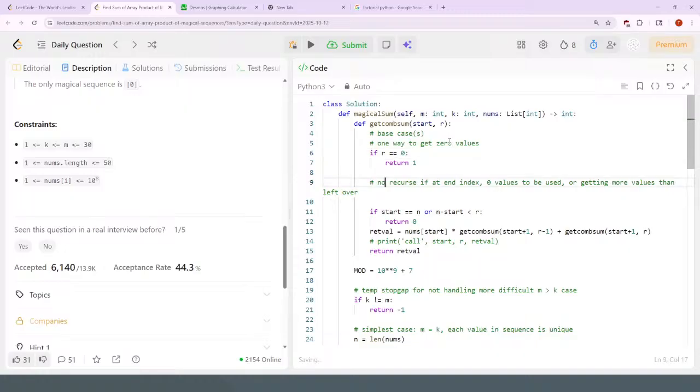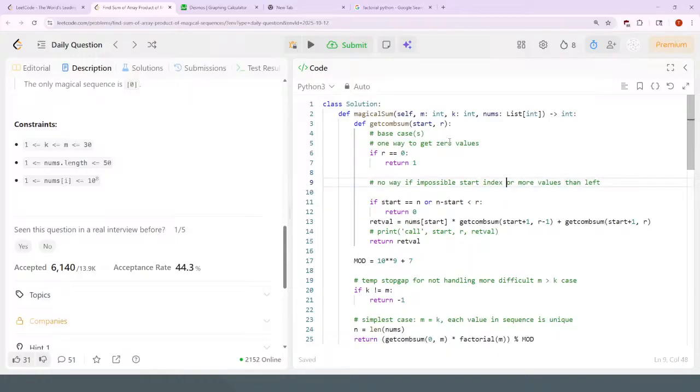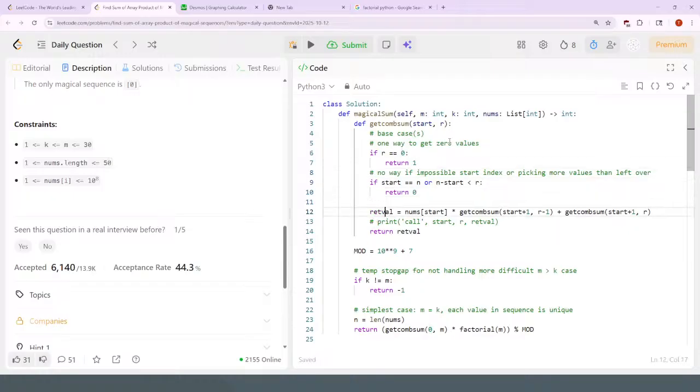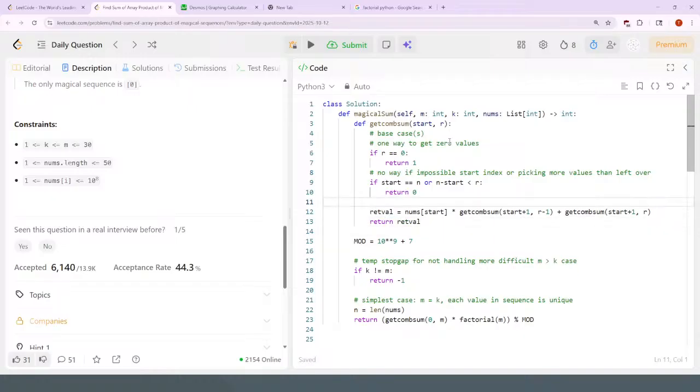And then, okay, so what is the recursion going to be?